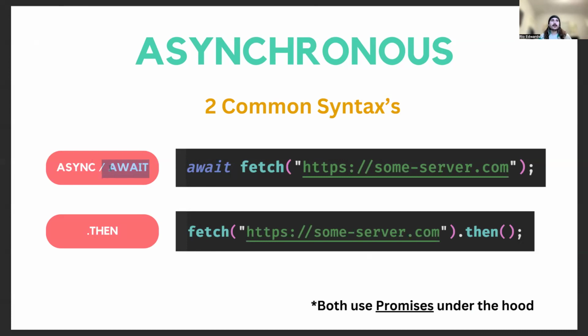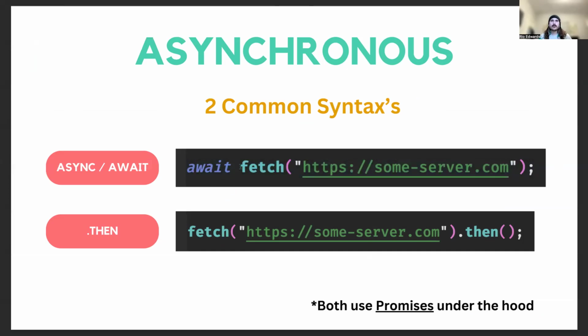And hopefully the names make sense. Await is kind of like wait. So we're saying wait for the fetch to resolve. Fetch itself is asynchronous. Fetch will take some time, and if you don't await it, then your code won't work right.